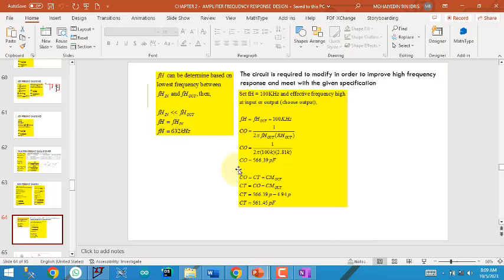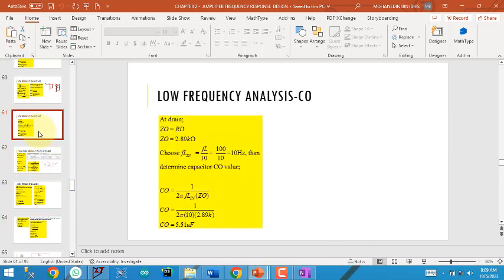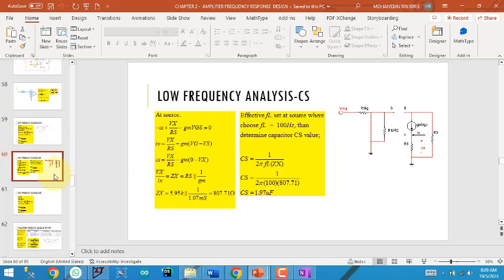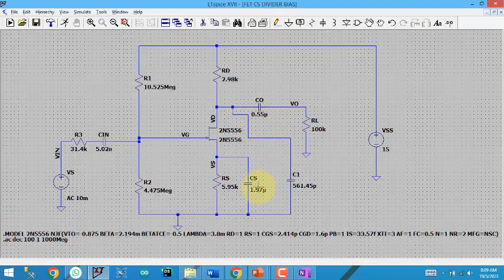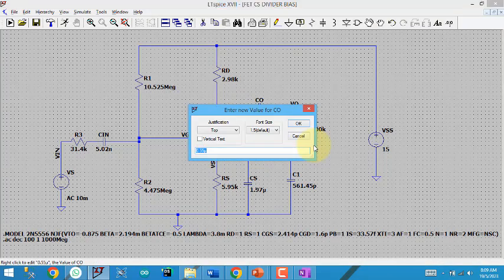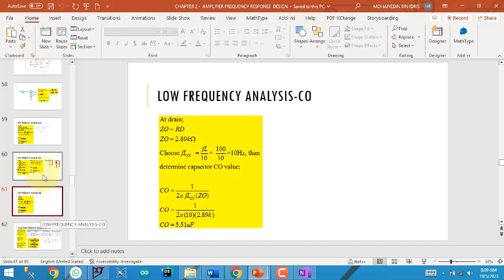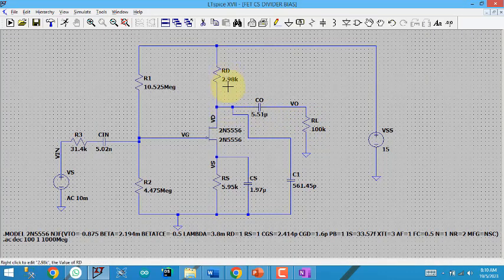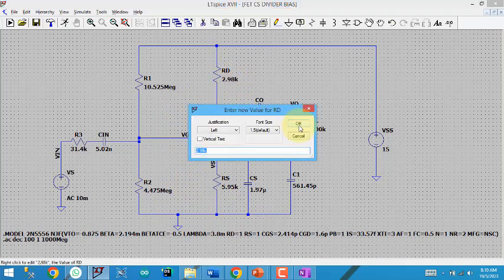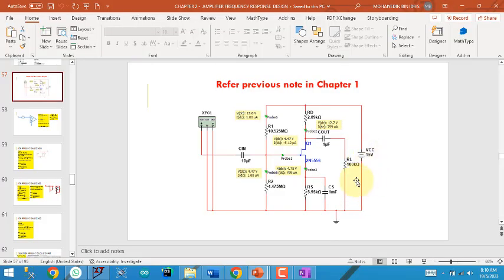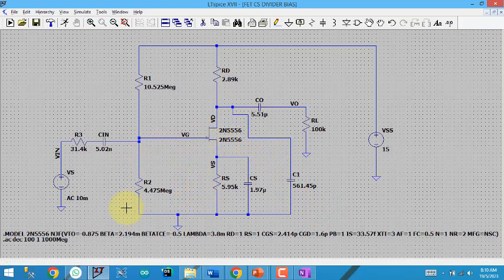Then C-in and CO 5.51 microfarad. RD 2.89K, 4.475K. This is already correct. VDD 15 volt. So more or less everything is correct.